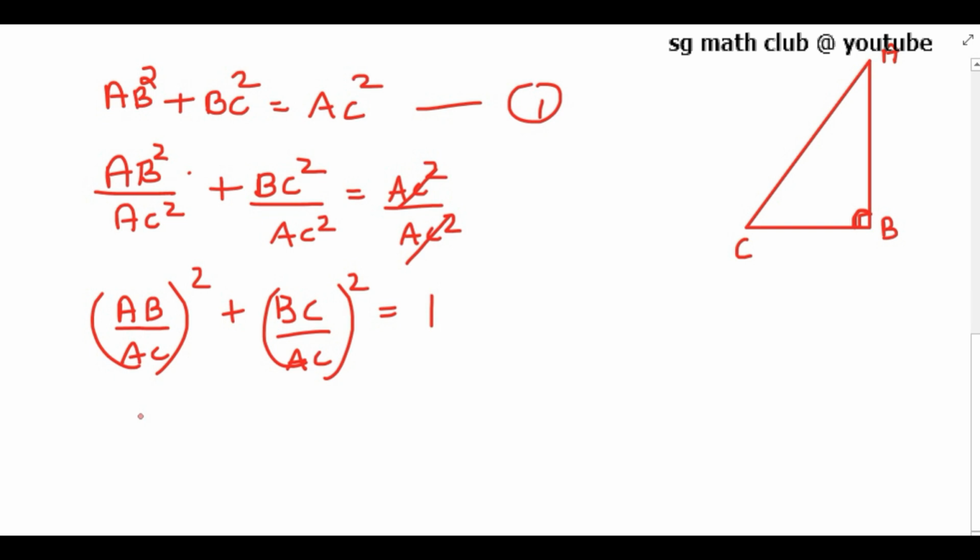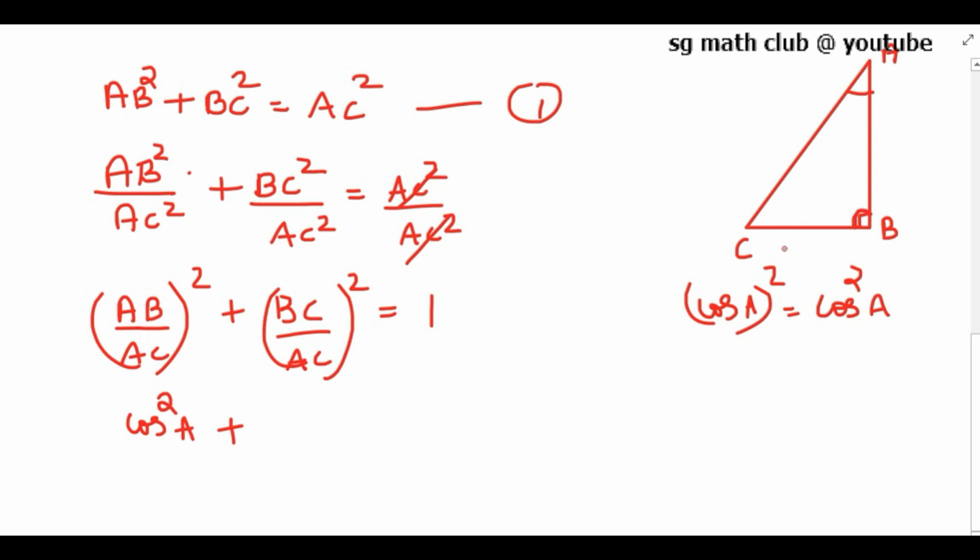Now what is AB by AC? Try to write it in terms of trigonometric ratio, since we are proving a trigonometric identity. AB is the adjacent side of angle A and AC is the hypotenuse. So it is cos A, and since the square is there, cos square A, usually written as cos square A, plus BC by AC.